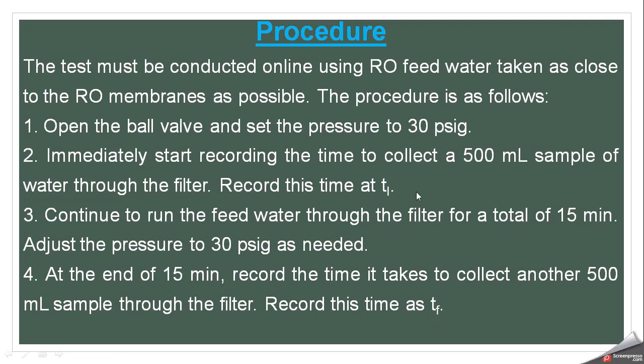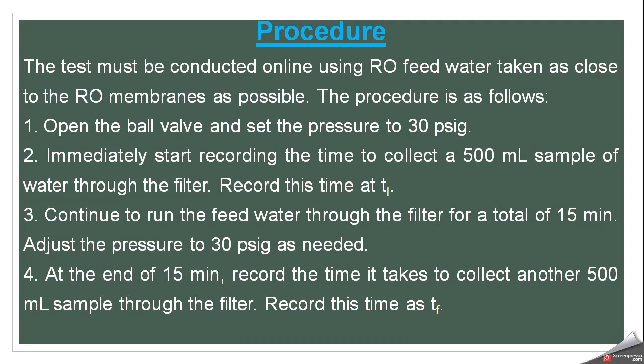Now remember, at the beginning, the 500 milliliter sample will be collected in a shorter period of time, because there is no clogging of the filter. But after 15 minutes, the small particles that have stopped on the surface of the filter will block some of the holes of the filter paper.